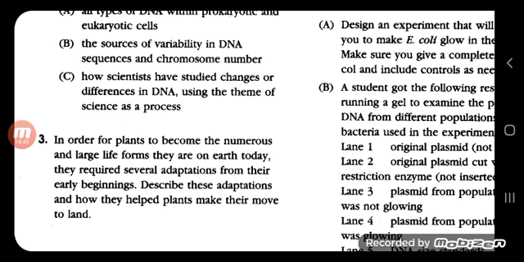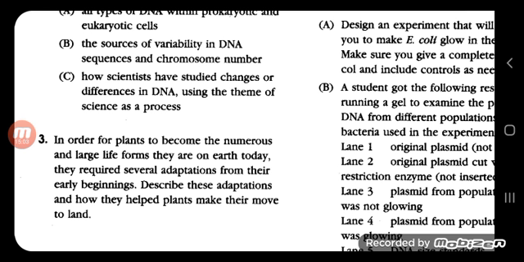Then scientists probe the DNA with a radioactive single-stranded DNA, or nowadays no radioactivity because it's dangerous. They use fluorescent, and they allow it to attach complementary to the regions.